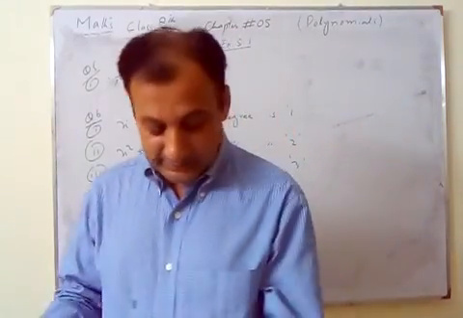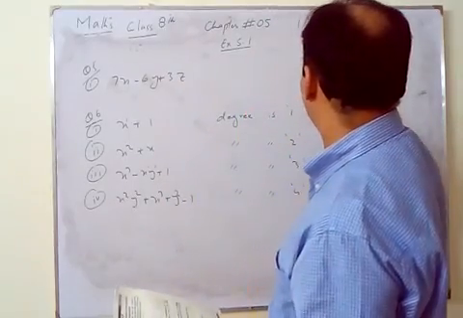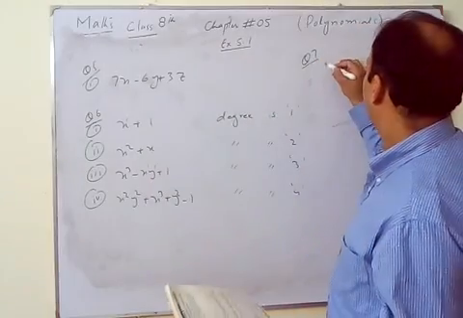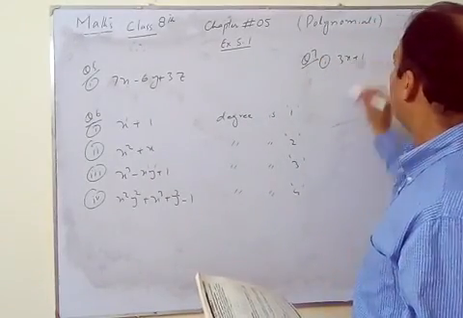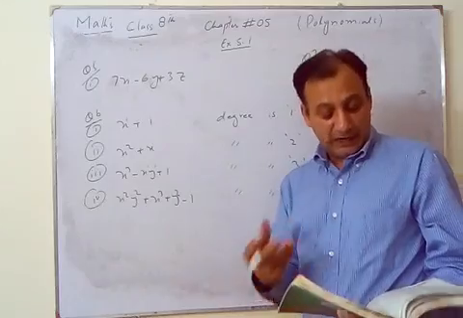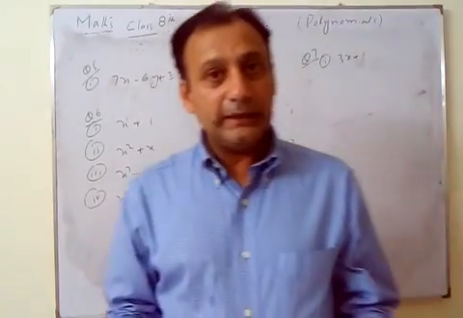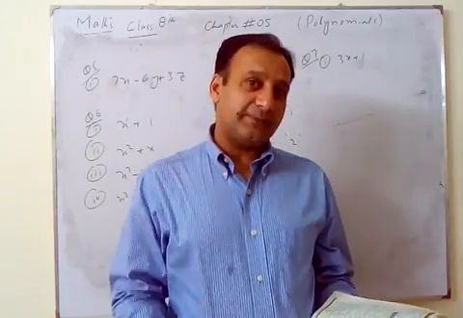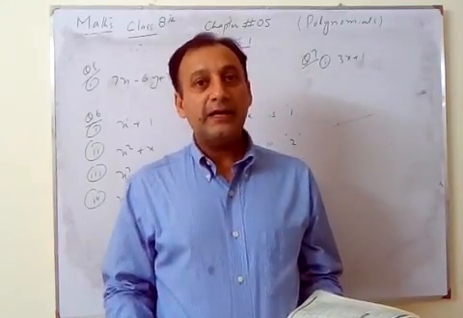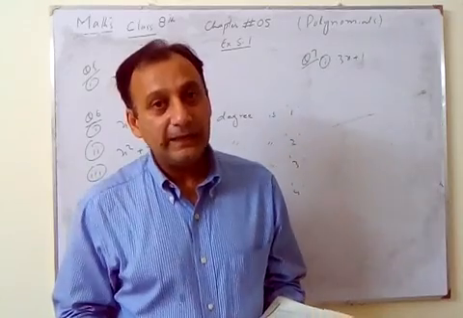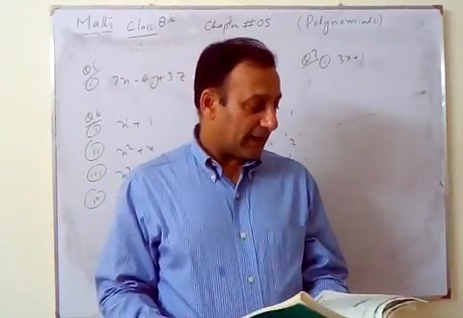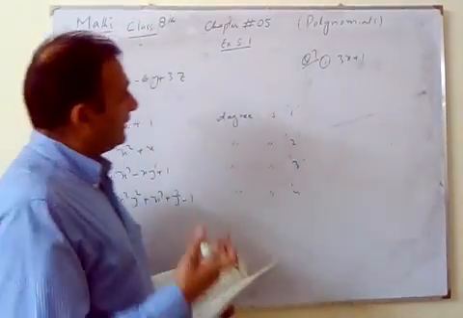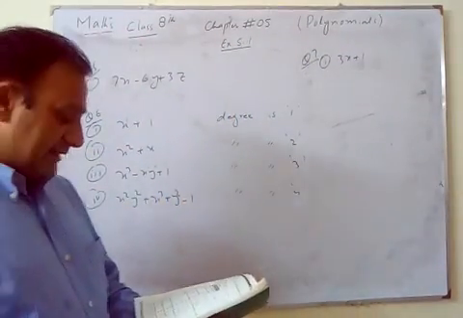In the seventh question, that is also an easy one. In the first, he is saying 3x plus 1, it is linear. If the maximum power is 1, that is linear. If the maximum power is 2, that is quadratic. If the maximum power is 3, that is cubic. And if the maximum power is 4, that is biquadratic. So this is a linear polynomial.